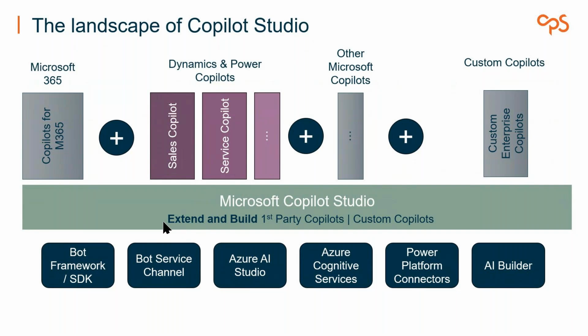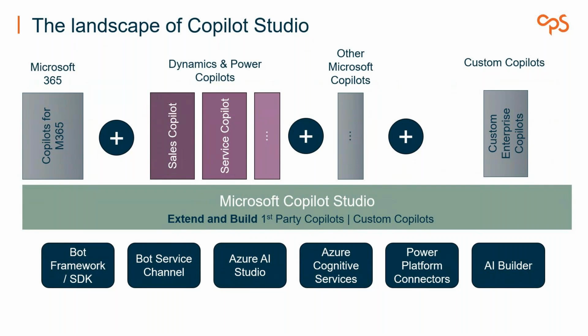As we've discussed, one of the first things is around being able to extend the Microsoft copilots. So these may be copilots from Microsoft 365, so within the services that we utilize on a regular basis, such as Microsoft Outlook, it might be Microsoft Teams, and being able to really push and surface that within.